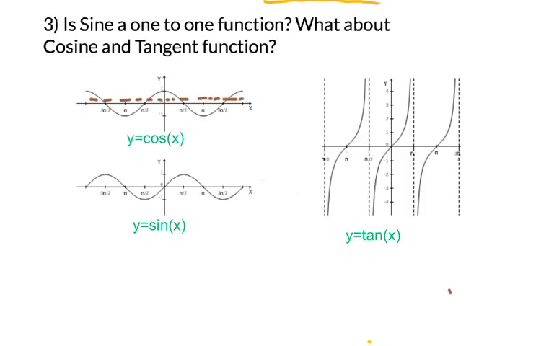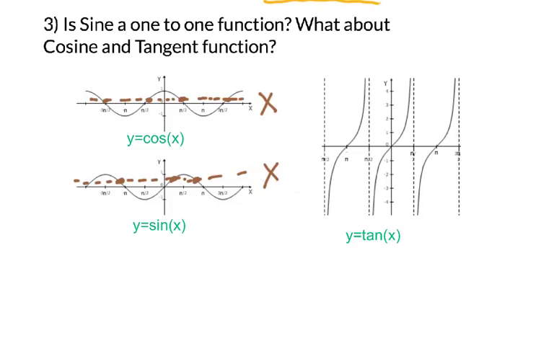See, we got more than one intersection, which means it's not a one-to-one function. Let's go to the sine function. Still, I draw the horizontal line. Still, you get more than one intersection. That means it's not a one-to-one function.